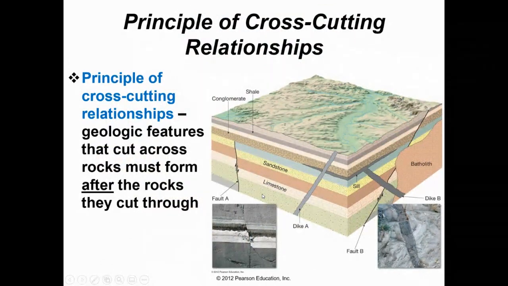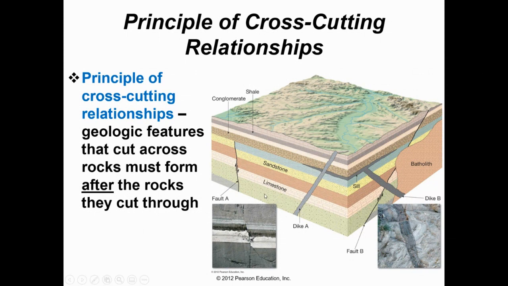So first we have to understand that if one type of rock cuts through another type, that means that the rock that's doing the cutting is newer than the other one that it's cutting through, because the rock unit has to be there already in order for something to cut through it.